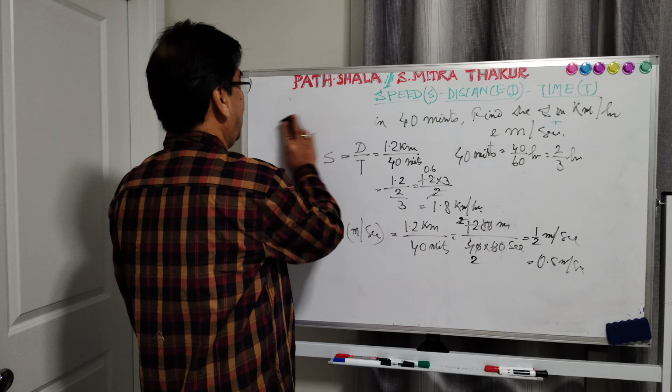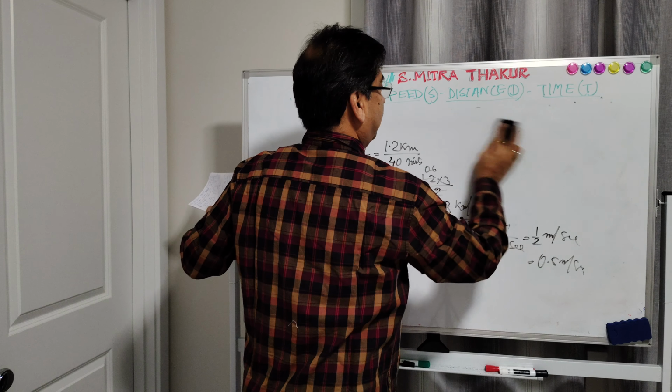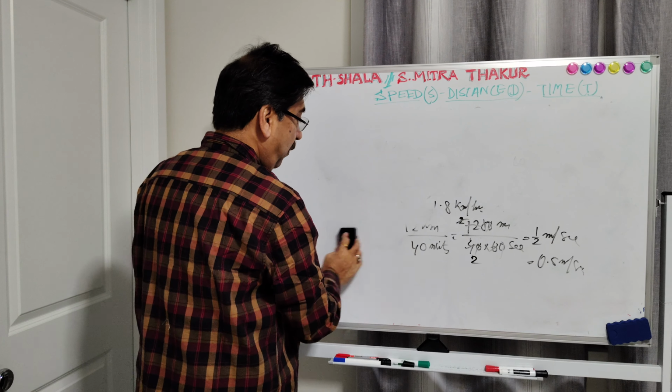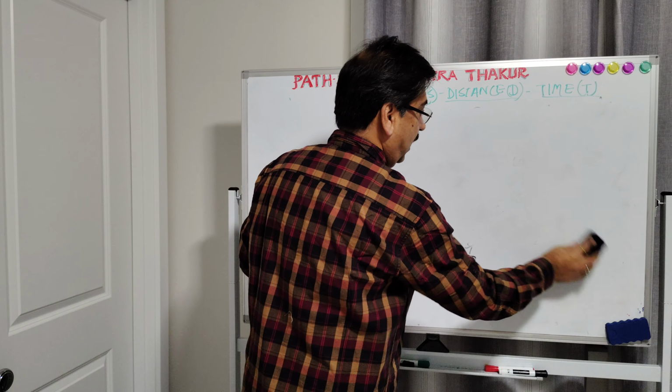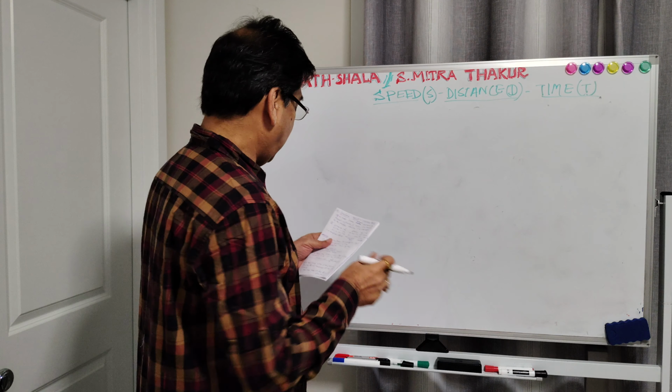Now we will learn about uniform speed and variable speed. From the word uniform, you can learn that uniform means same.